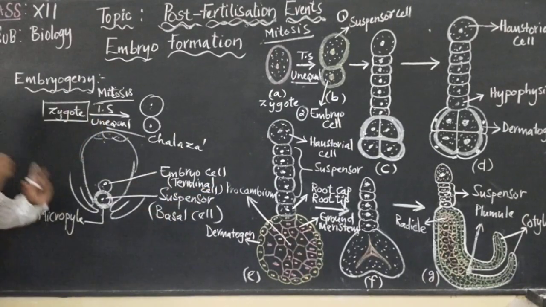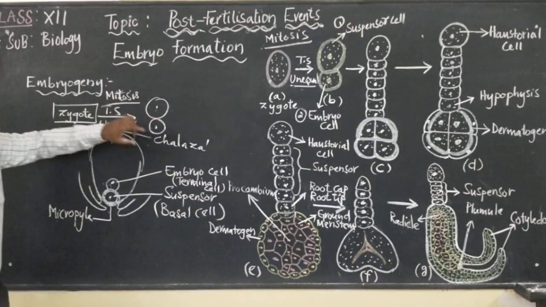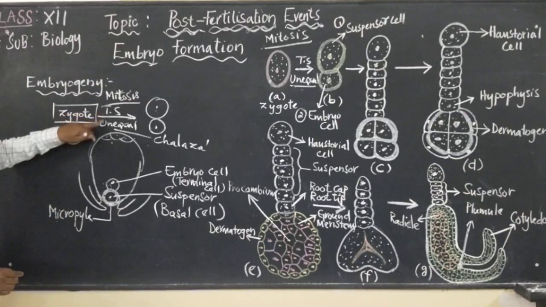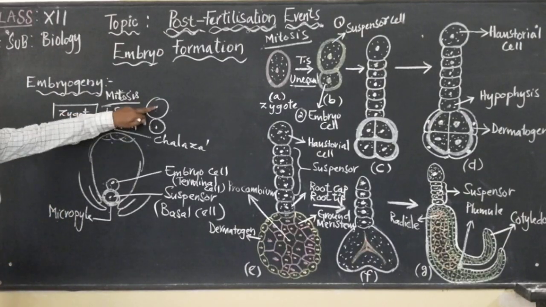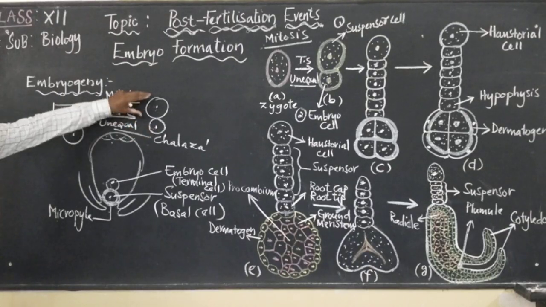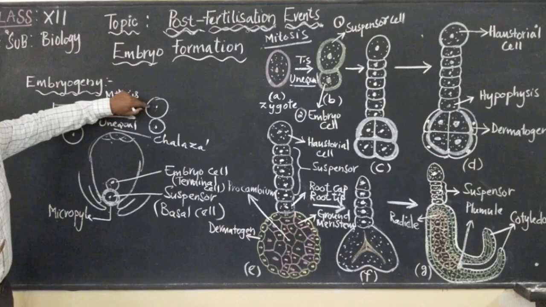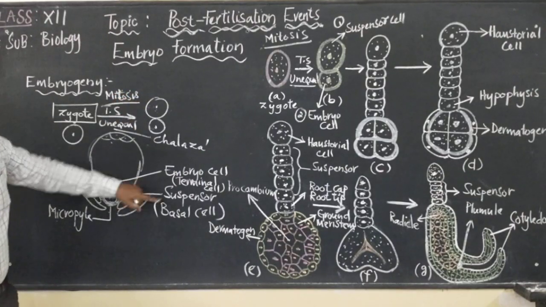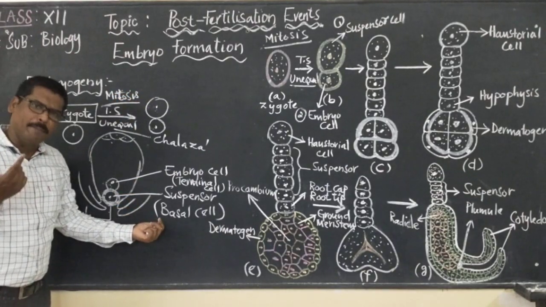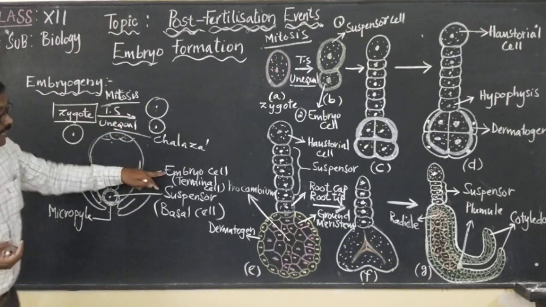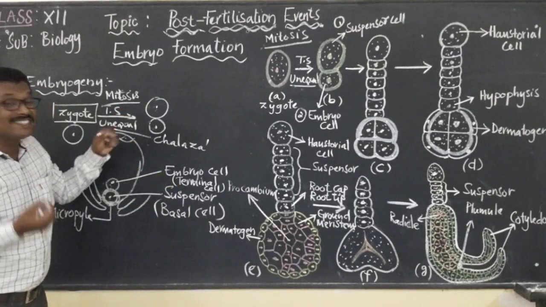So it is clear now that once the zygote undergoes a transverse, unequal division, it produces two cells, one large and one small. The large cell is called the suspensor cell, or in simple terms the basal cell. The small cell is called the embryonal cell, otherwise the terminal cell.